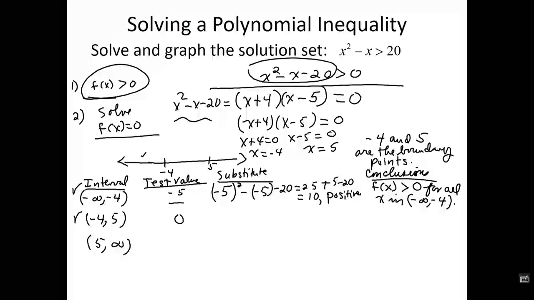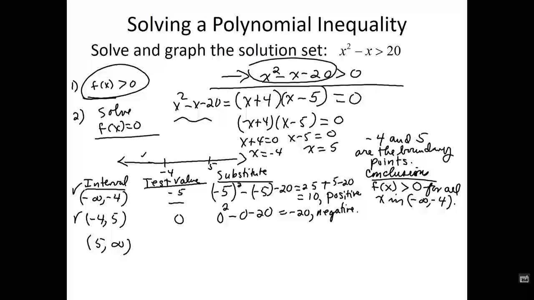Substituting into x squared minus x minus 20, we get 0 squared minus 0 minus 20, which is 0 minus 20, which is negative 20. And this is negative.